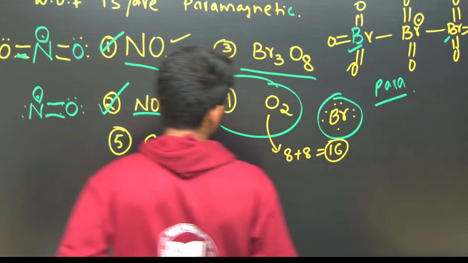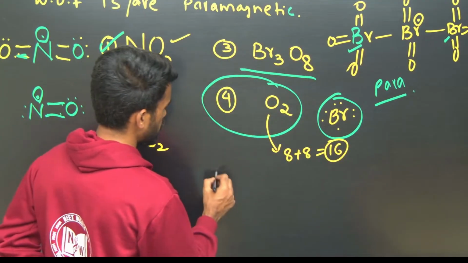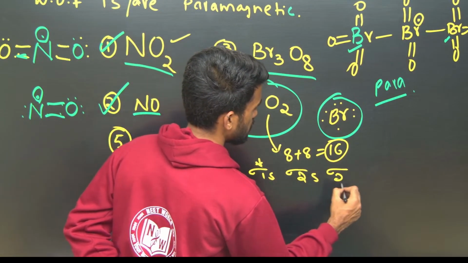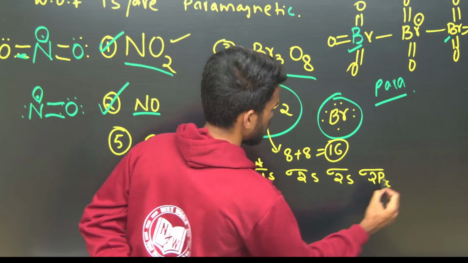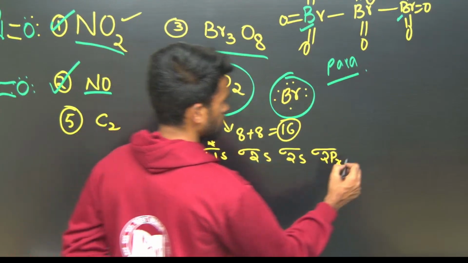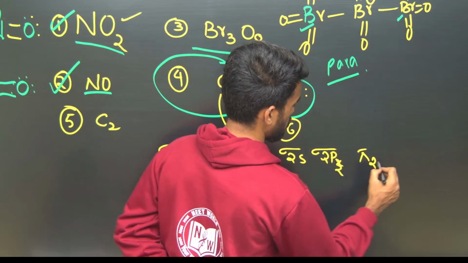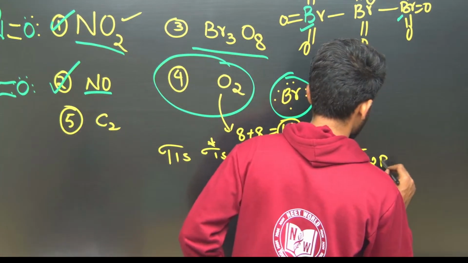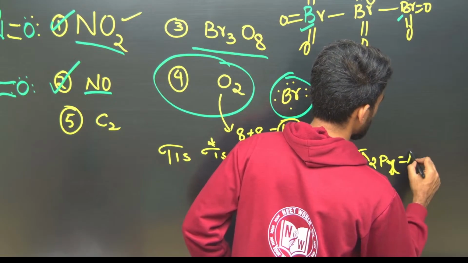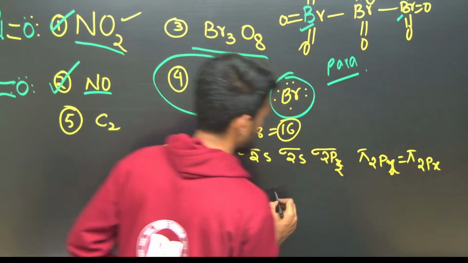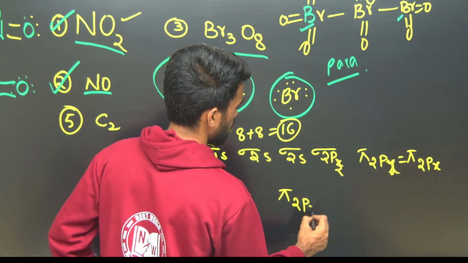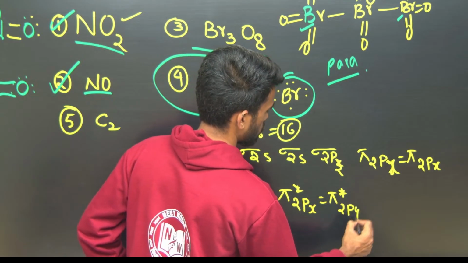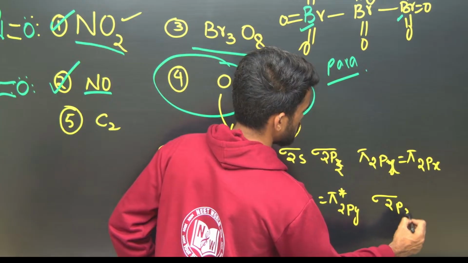Okay, so now in these 16 electrons, look here, I can write sigma 1s, sigma star 1s, sigma 2s, sigma star 2s, next sigma 2px, pi 2py, sigma 2pz I am writing, pi 2py equals pi 2px, next pi star 2px equals pi star 2py, next sigma 2pz, sigma star 2pz.